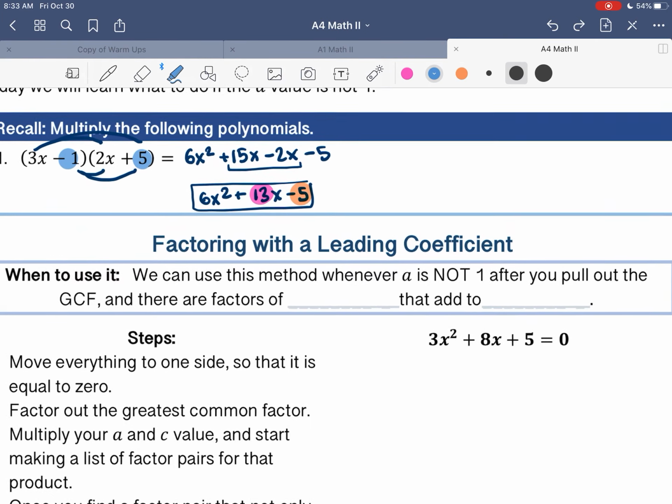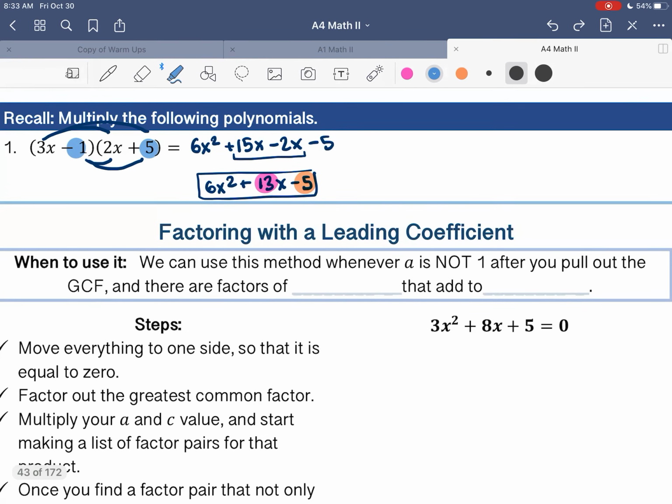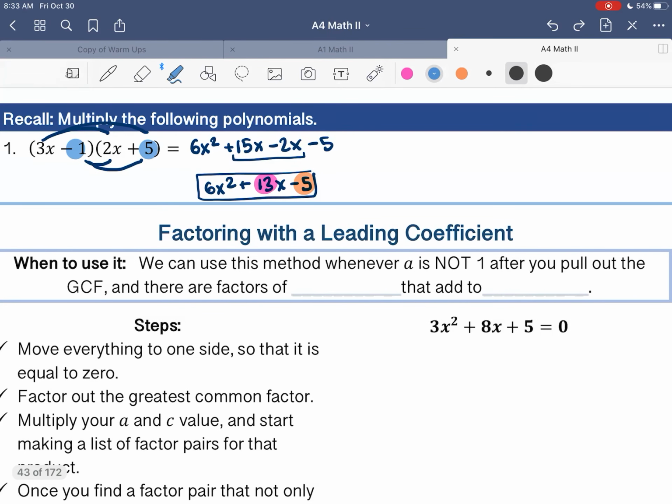So factoring with a leading coefficient, you can use this method. This is sort of a long explanation, it'll make more sense later, but it says we can use this method whenever a is not 1 after you pull out the GCF. So that means there is a leading coefficient, and there are factors of, we're going to fill this in, a times c that add to b.